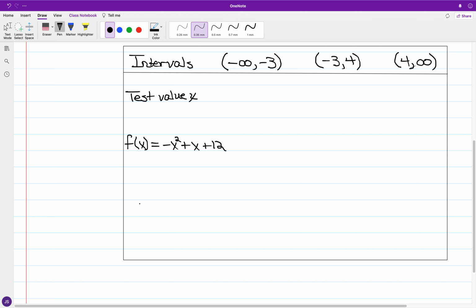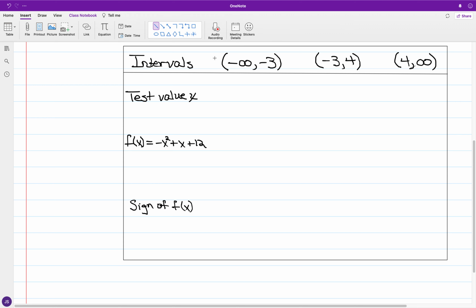After this, we're looking at the sign of f of x. Just setting up the partitions among the rows and the columns.